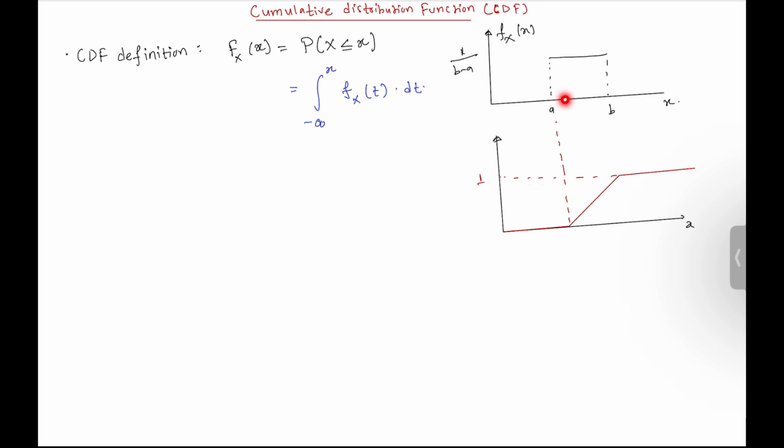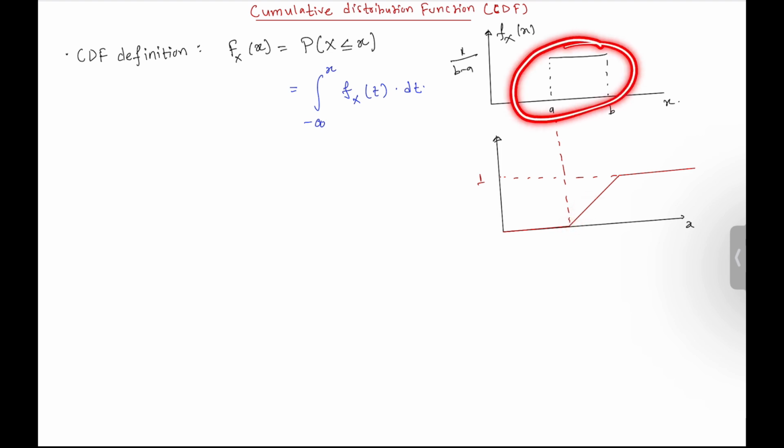Let's say if you are till here, then the total probability will be this much of area. As you further go on right, the accumulation or the area will increase, right? It will never happen that as you go towards right, the probabilities will first increase and then decrease.